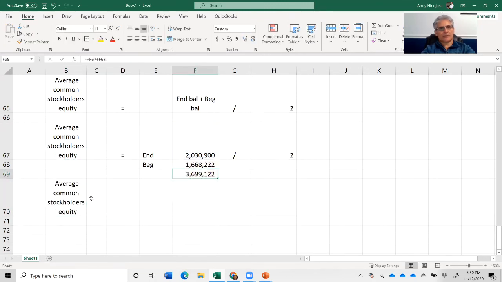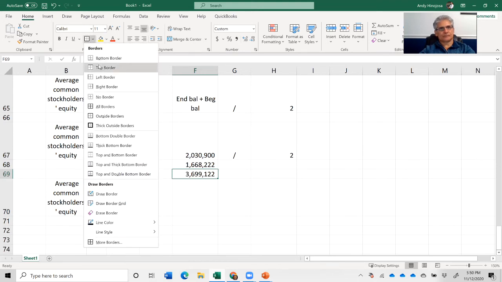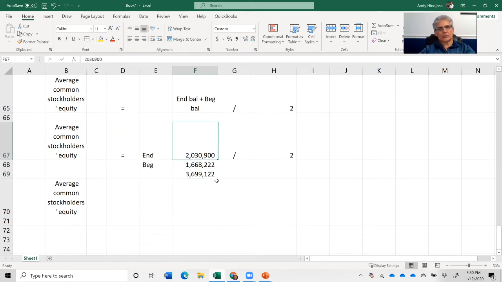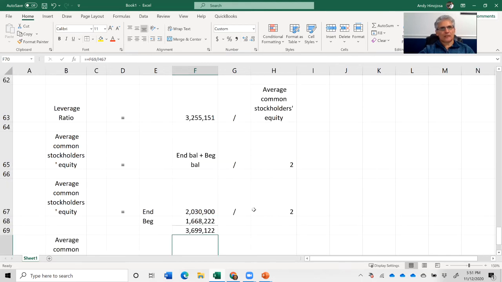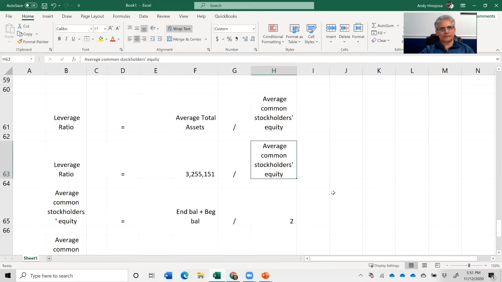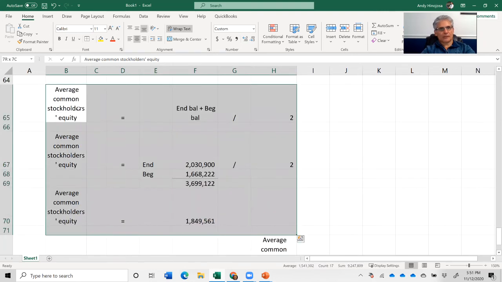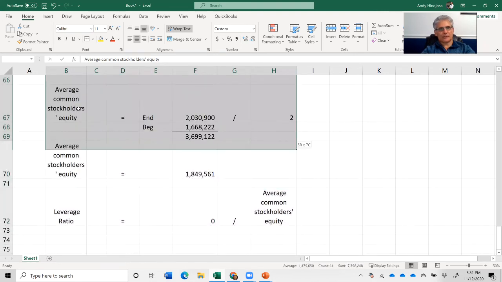The two added together is 3,699,122. So we take this, divide by 2, and our average balance for common stockholders' equity is 1,849,561. So we'll move that up here, a little box around this so we don't get confused.